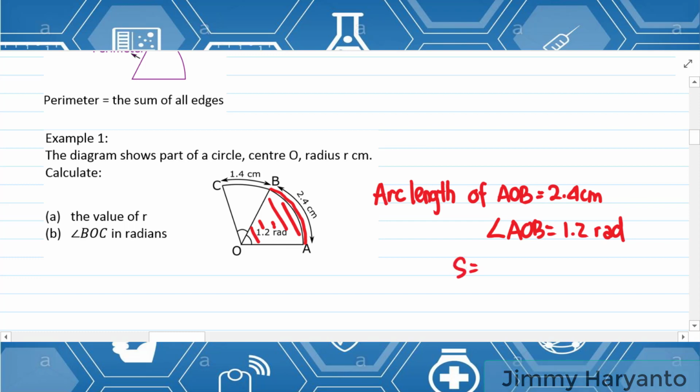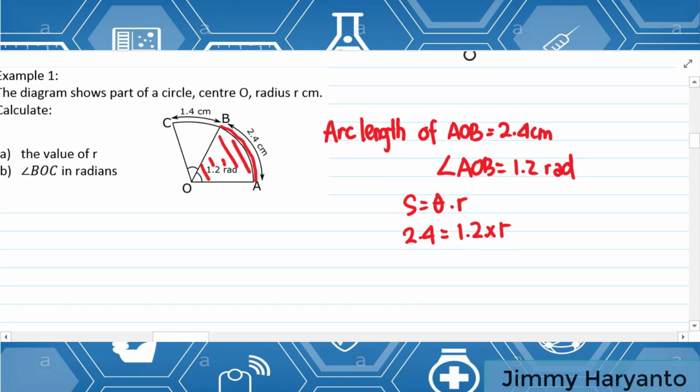So we can use this formula, S equals theta times r. S is 2.4, the arc length, theta is 1.2, and then times r. We don't know r yet. We can find it from this: 2.4 divided by 1.2 equals r. So r is 2 centimeters. Now we have the radius, 2 centimeters.